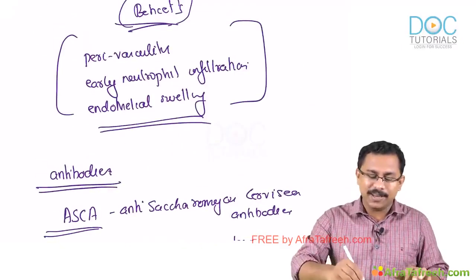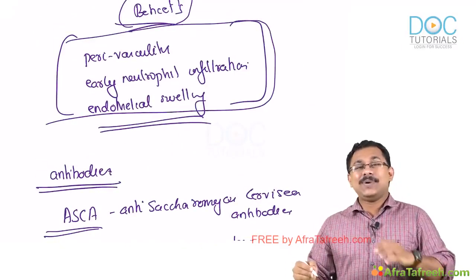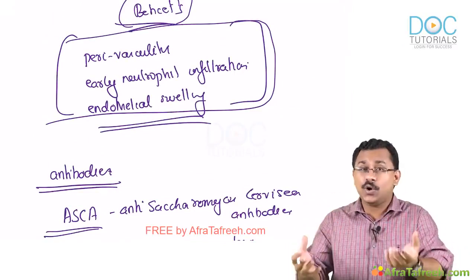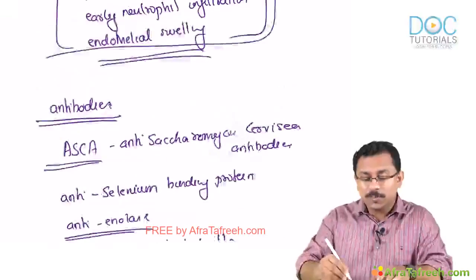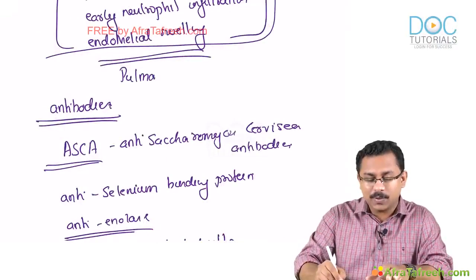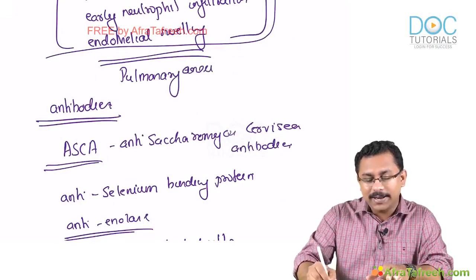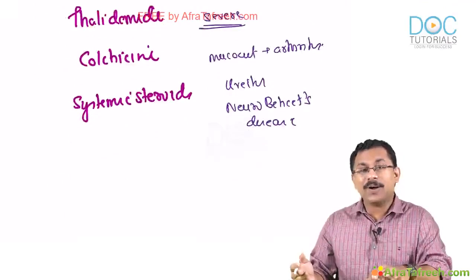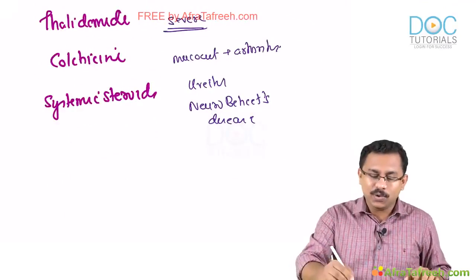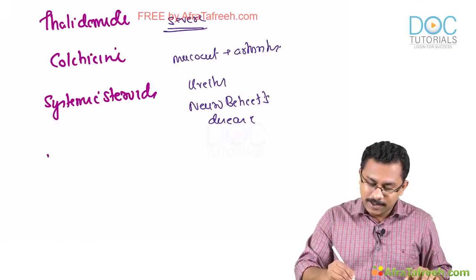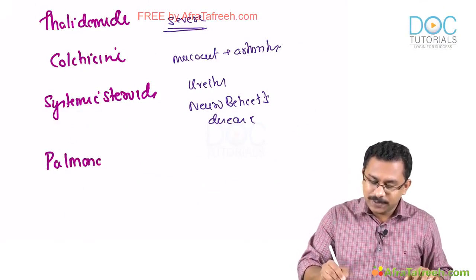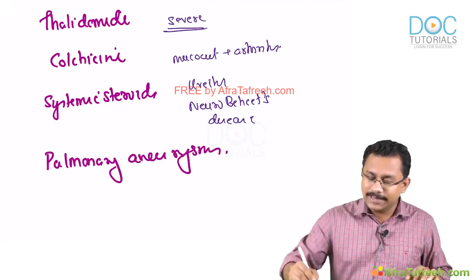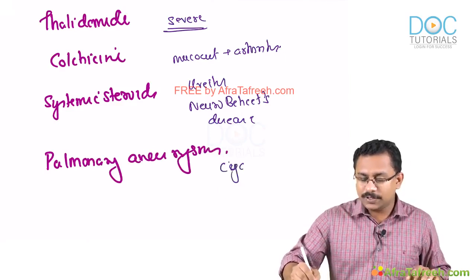And another point that you have got to know is that, see, I told you this disorder is characterized by a perivasculitis, correct? But sometimes it can involve the vessel wall entirely and it may produce pseudoaneurysms. And it is known to produce pulmonary aneurysms, okay? If at all pulmonary aneurysms occur in Behçet's disease, remember they are a rare finding, but if they occur, then you can think of giving cyclophosphamide.